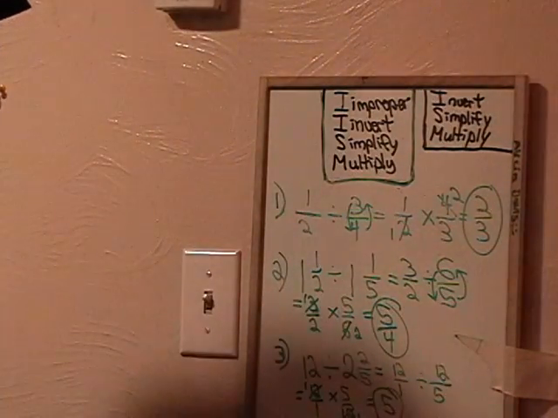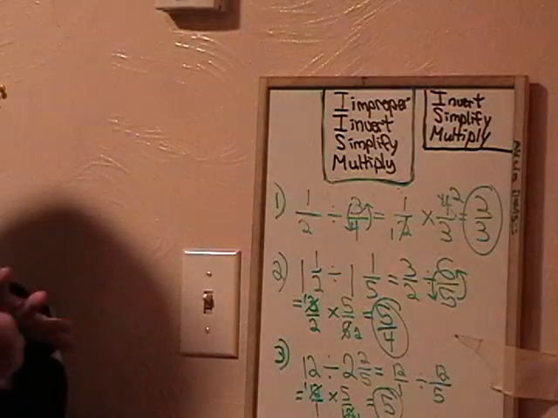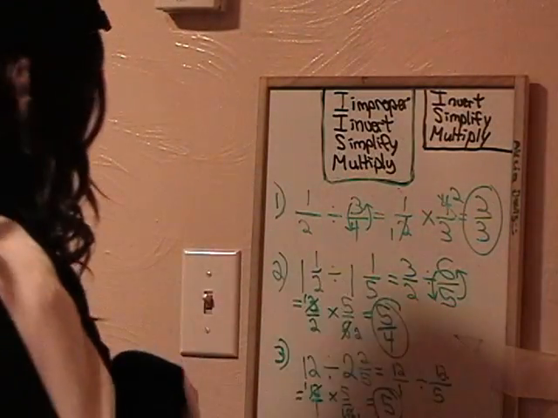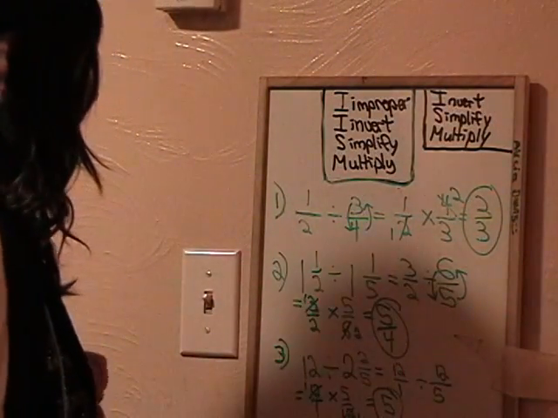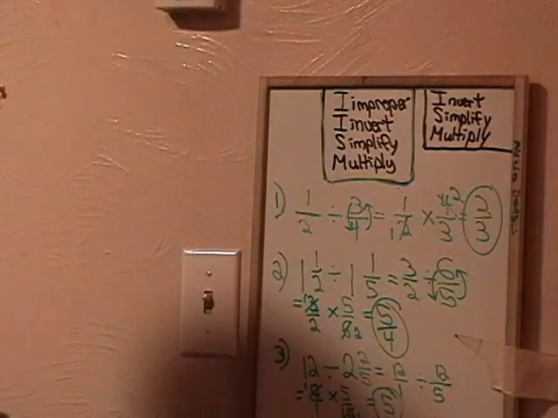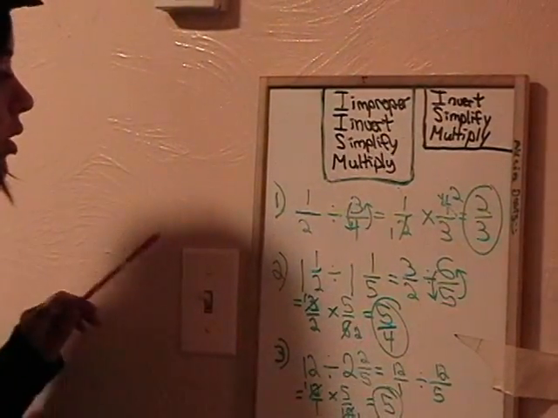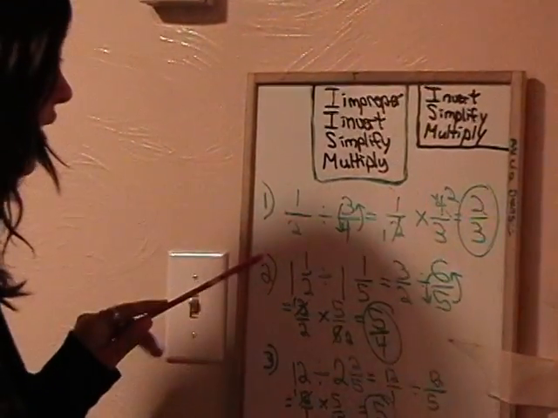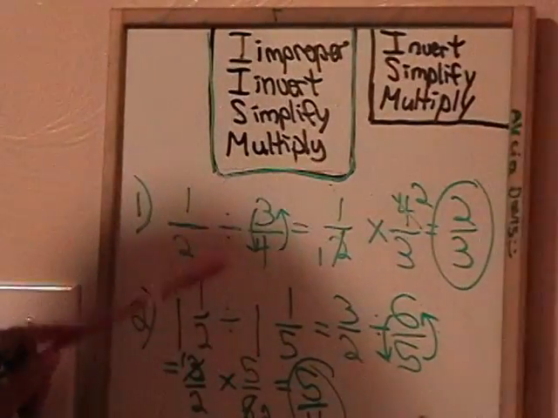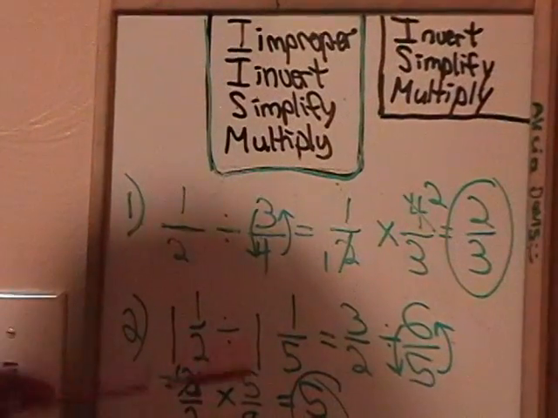For the first lecture part: to divide a fraction by another fraction, you have to invert only the second fraction.